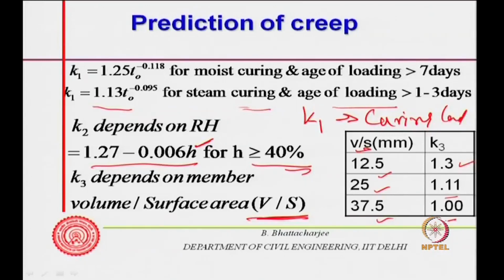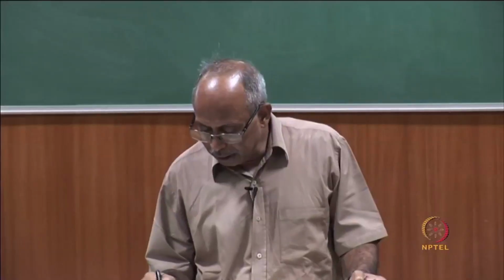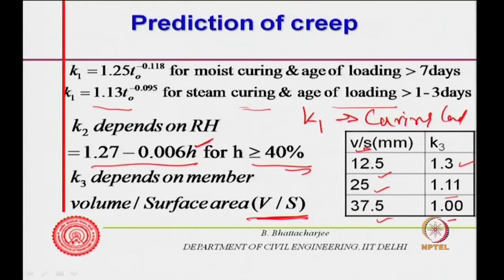Now, we have seen that more surface area means more creep is likely. So, the lesser this value is, the more surface area, and the creep will be more. This V by S is all in millimeter, so the volume to surface area ratio will be in millimeter.